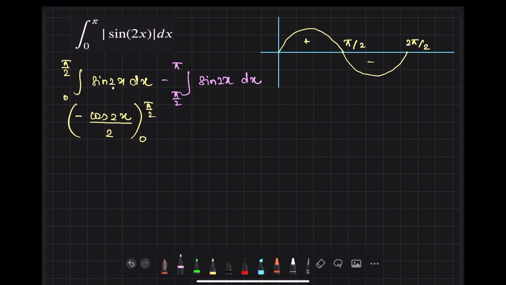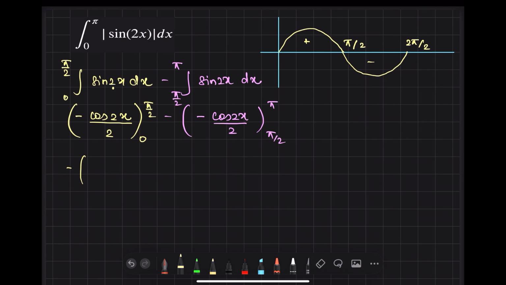Just wait a little bit, we will simplify things. Here also we will have the same thing, minus of cos 2x by 2, and the limit is pi by 2 to pi. Now I can take this minus common outside.